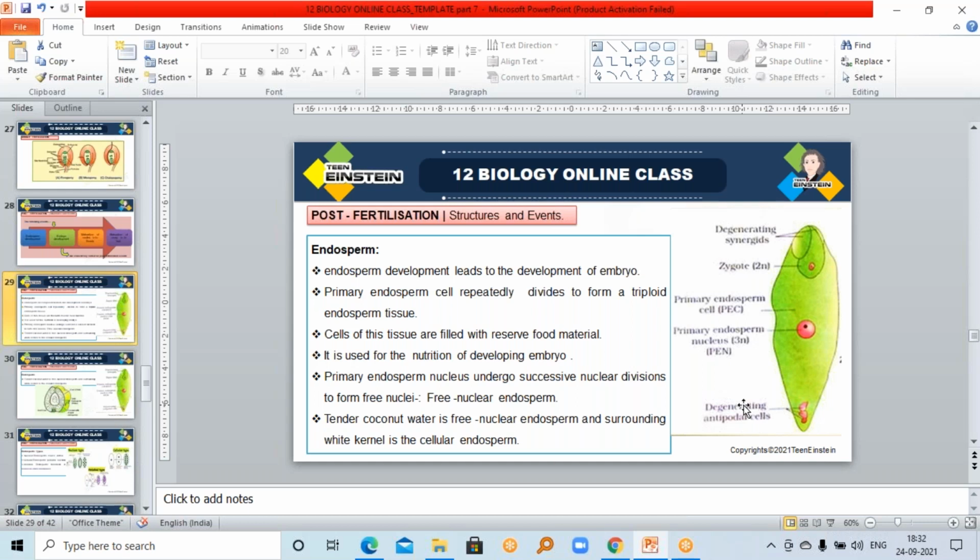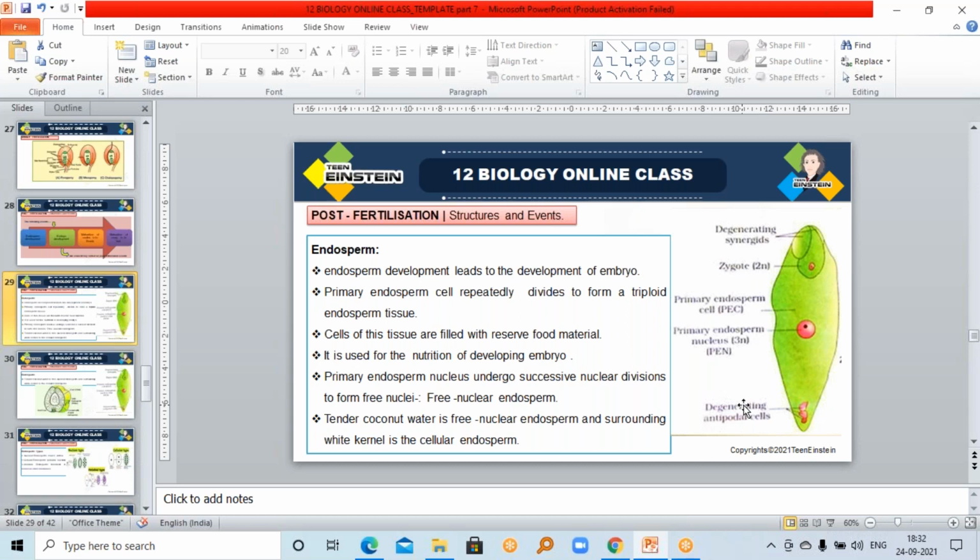That white part has the oil content. And in date palm, the endosperm is made up of hemicellulose.